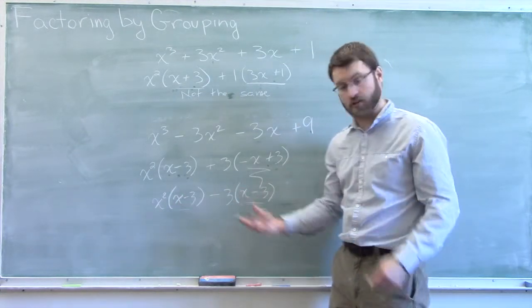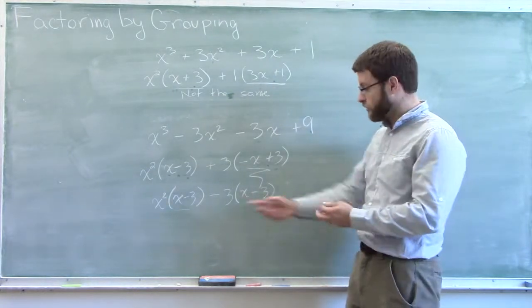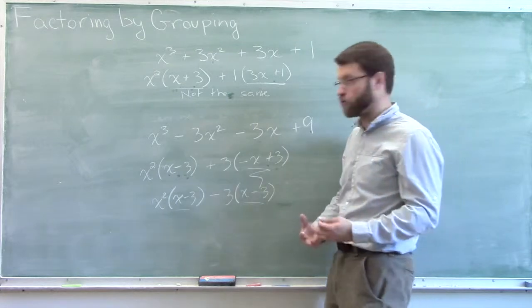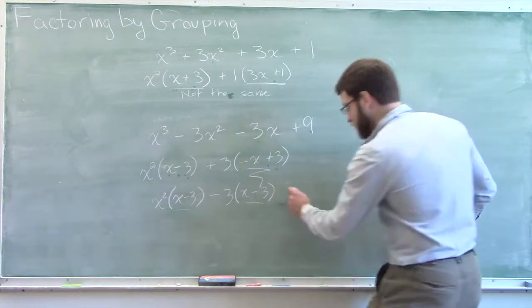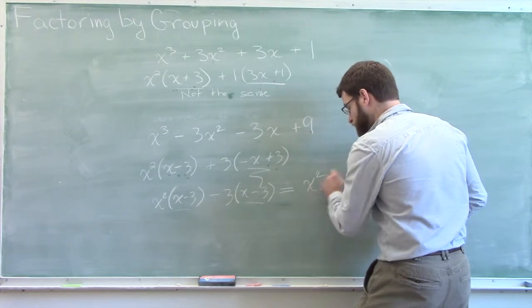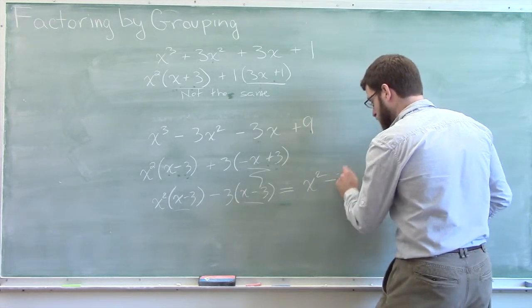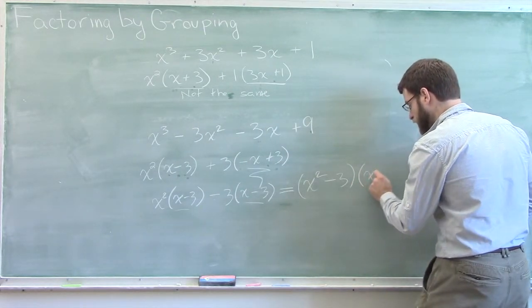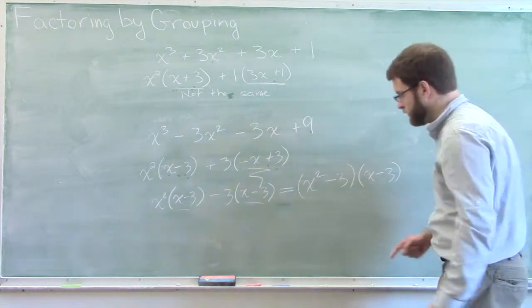And now by using the distributive property in reverse, we can factor this out. And this is another example of factoring by grouping. Okay? So in factored form, this is going to look like x squared minus 3 multiplied by x minus 3.